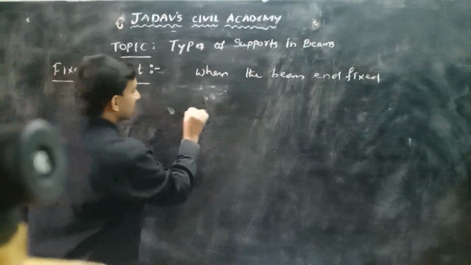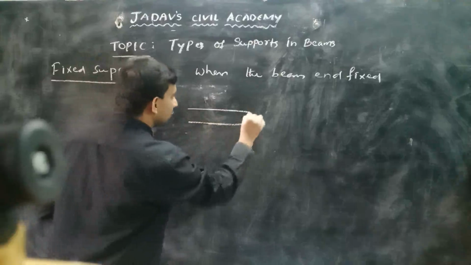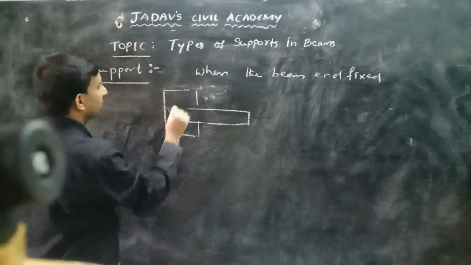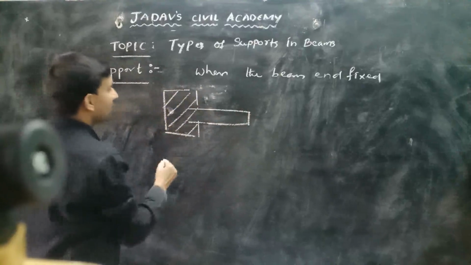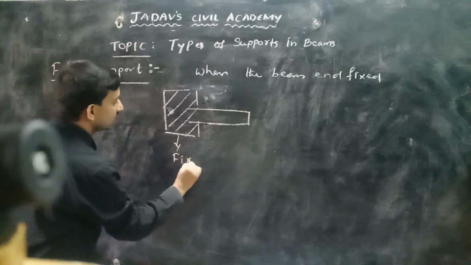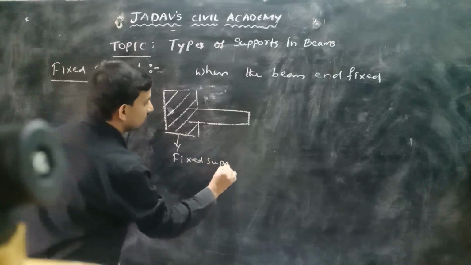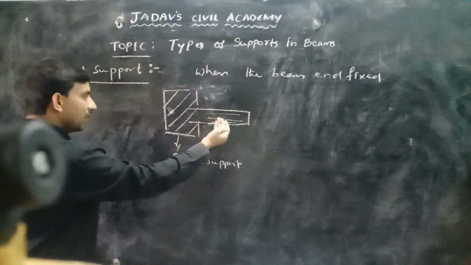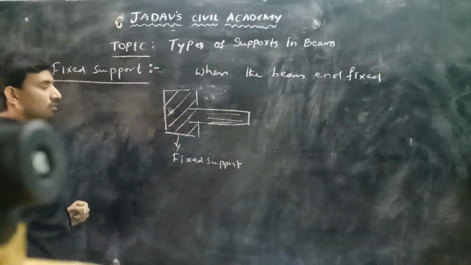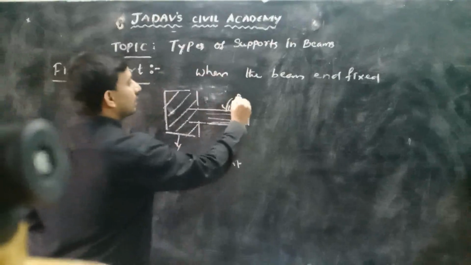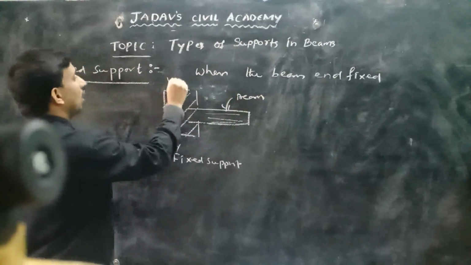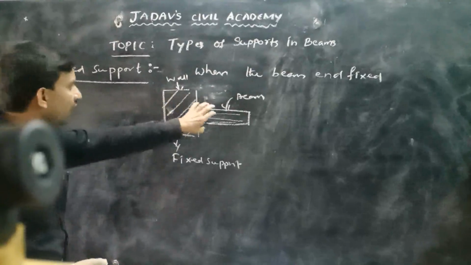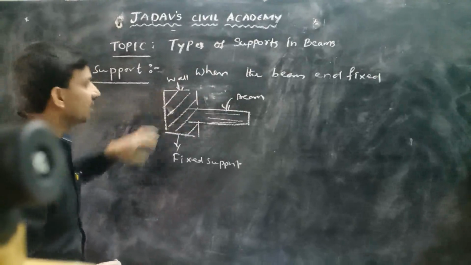This is the symbol for a fixed support. So this is a beam, and this is a wall, and this beam is inserted into the wall. Then it becomes fixed. So the support is called a fixed support.